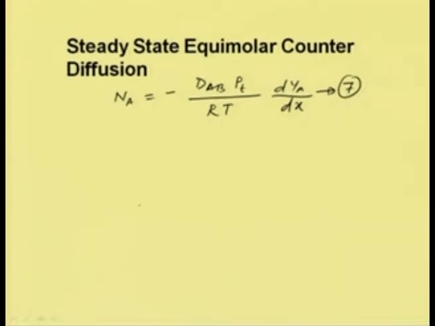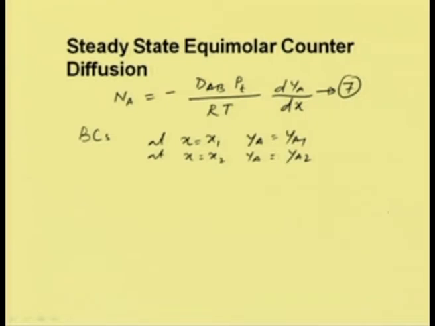Now, if we use the boundary conditions, at x is equal to x1, yA will be yA1, and at x is equal to x2, yA will be yA2.